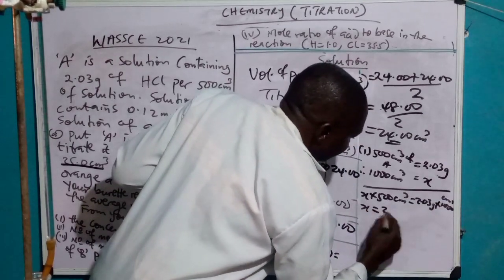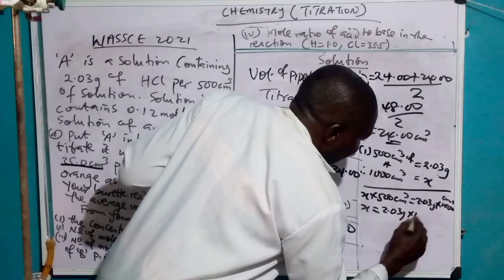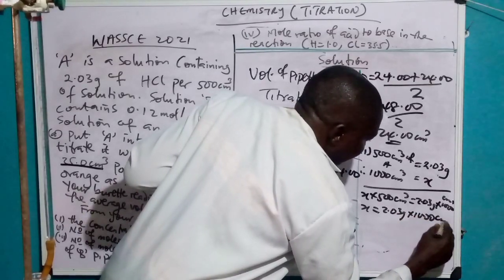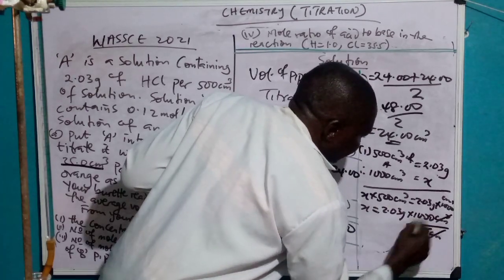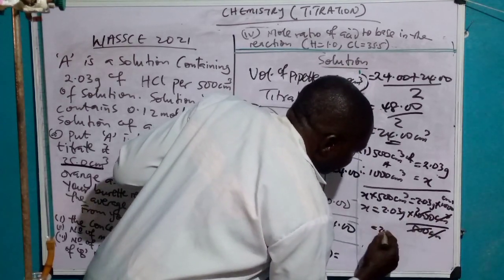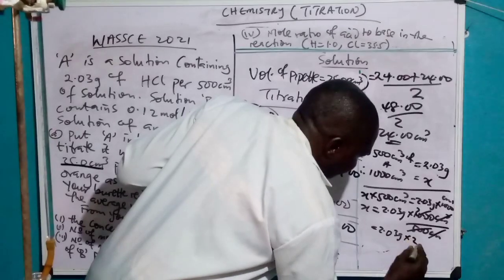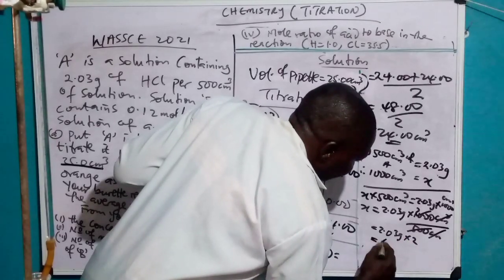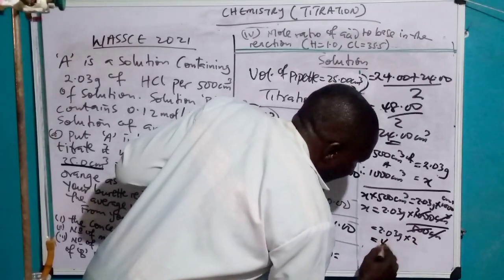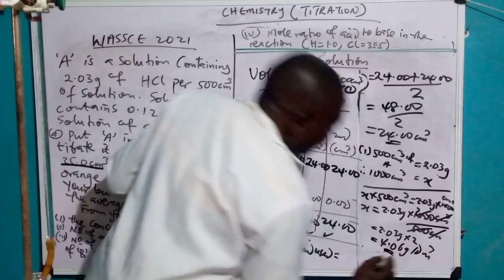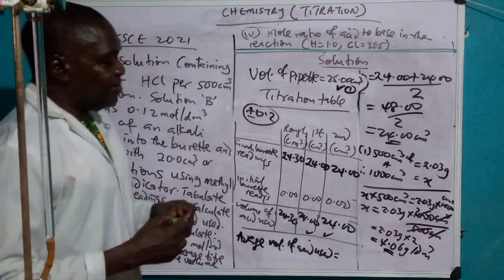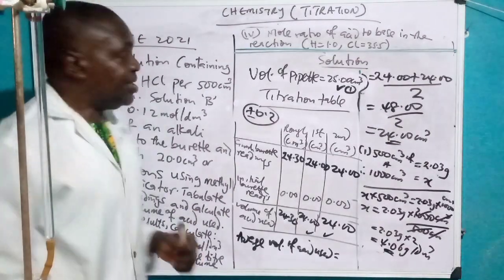S will be 2.03 gram times 1000 cm³ over 500 cm³. The cm³ cancel, this here 1, this here 2, becomes 2.03 gram times 2. That gives you 4.06 gram per dm³. You see it? That's what we now have, 4.06 gram per dm³.